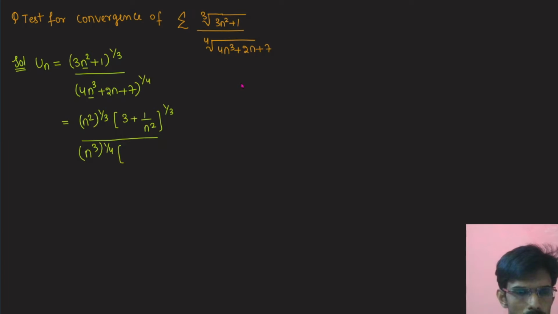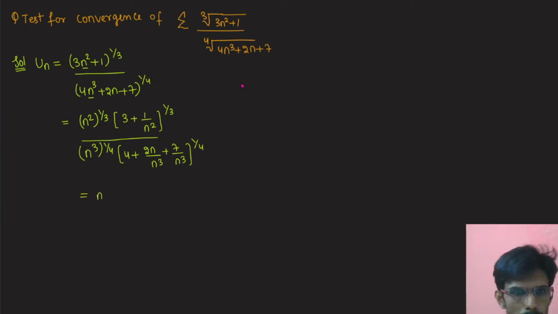So inside the bracket we are left with 4 plus 2n upon n cube plus 7 upon n cube whole power of 1 by 4.